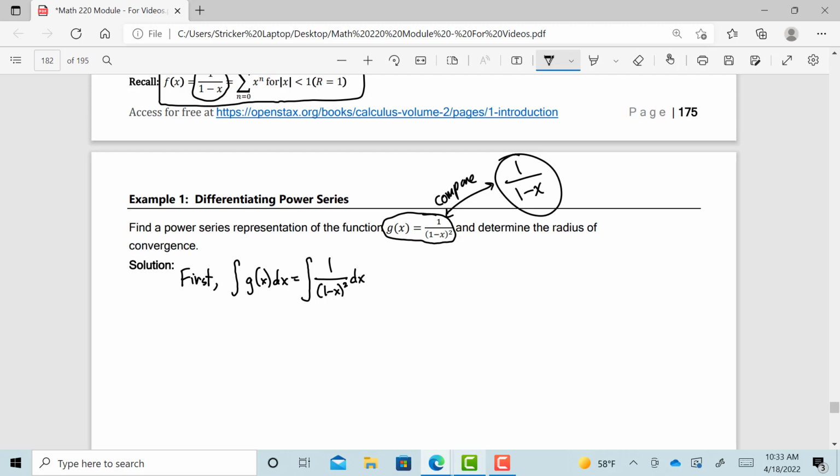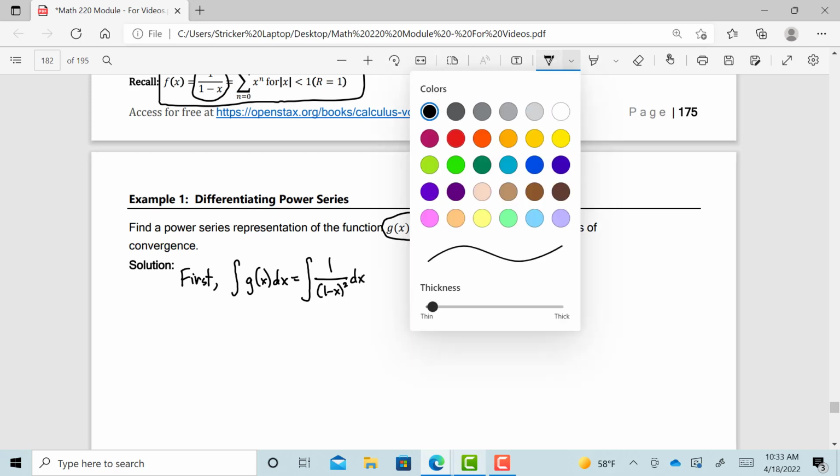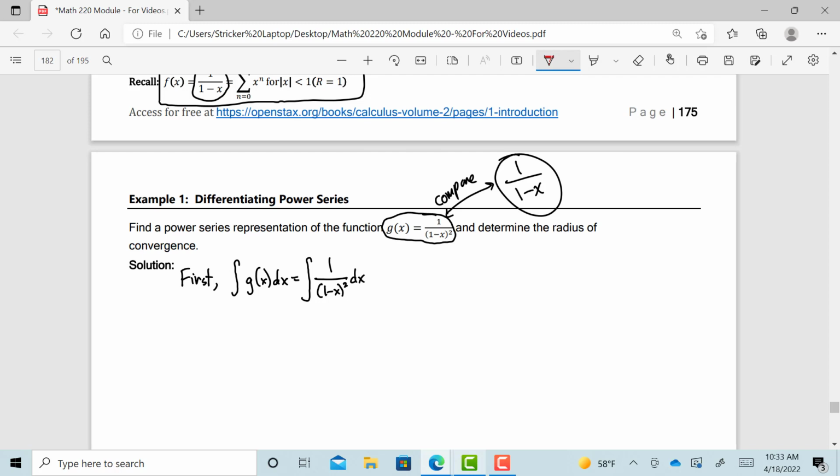And how would we go ahead and integrate that? What integration method would we use there? Hopefully you're saying we would use the u-substitution method, because if u is equal to 1 minus x, then we know that du would be equal to negative 1 dx. And so when we rewrite this, this is going to be the integral, because of that negative dx, we're going to have a negative out front, and then we have 1 over u squared du.